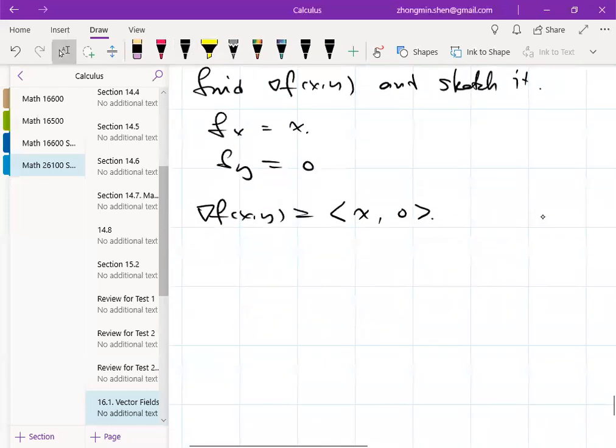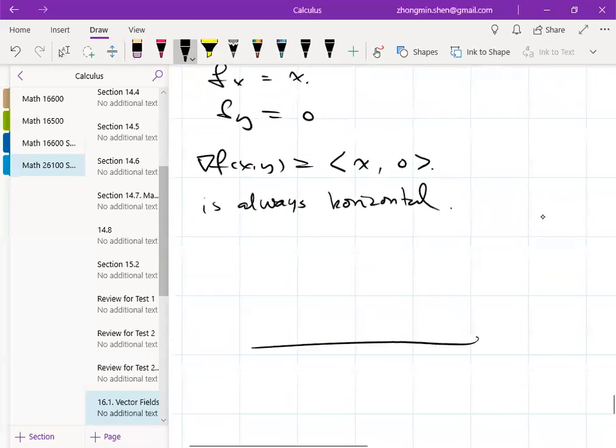How do you do that? So this is the first component. The second component is always 0. So this vector is always horizontal. It depends on the first component.